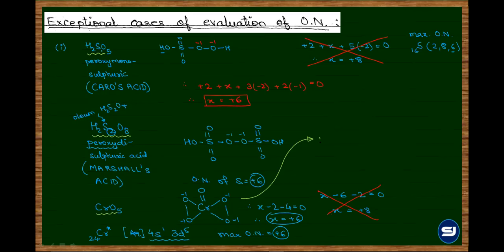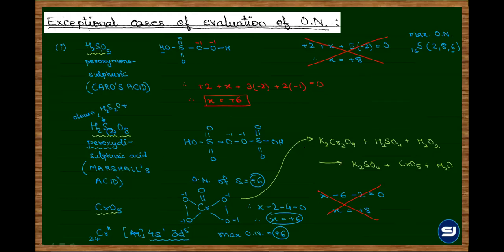The chromium peroxide is obtained by the reaction of dichromate in acidic medium with hydrogen peroxide. So to make the peroxide of chromium, hydrogen peroxide is used. This gives you K2SO4 plus CrO5 and H2O. This is the reaction.